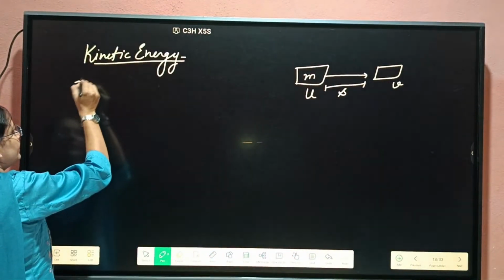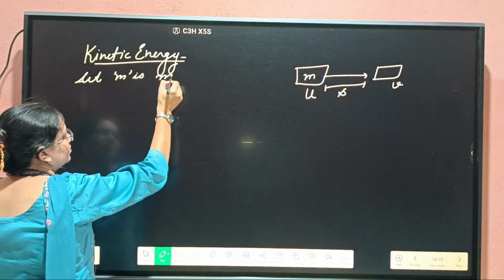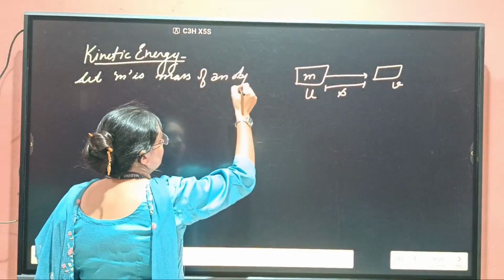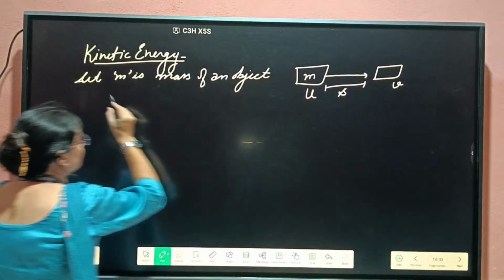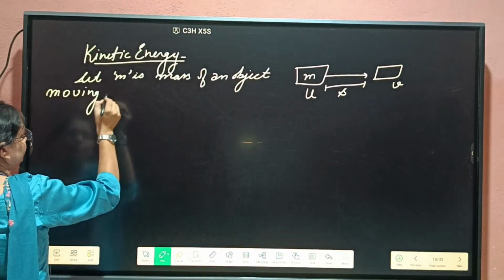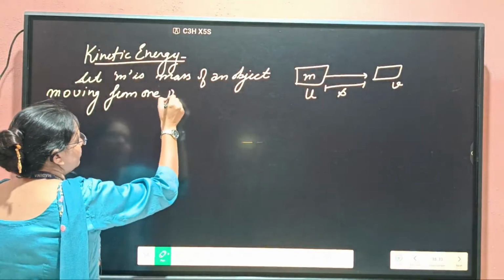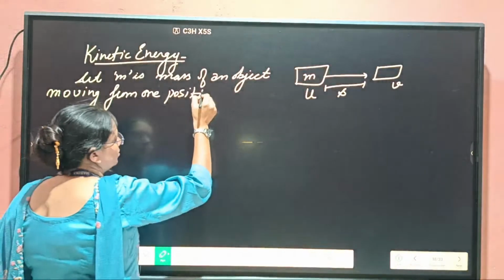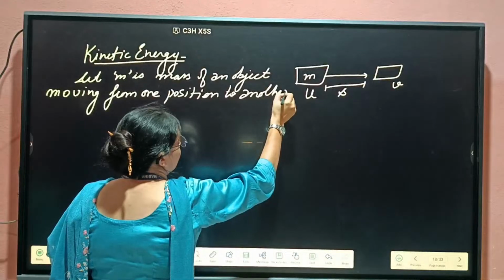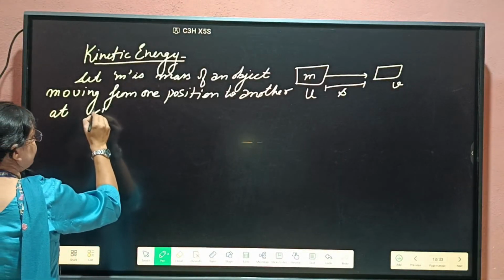So here we write: let m be the mass of an object moving from one position to another at s displacement.